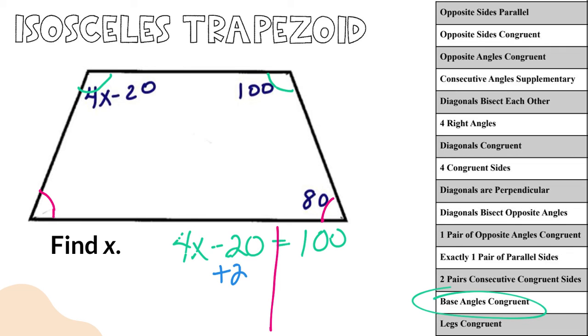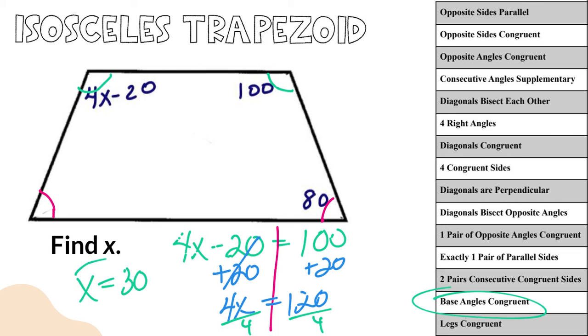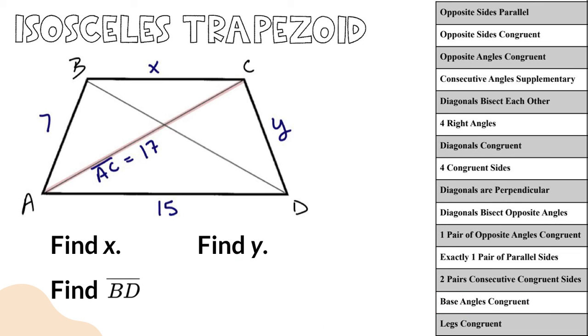So I can add 20, and I get 4x equals 120. Divide by 4, so x equals 30.